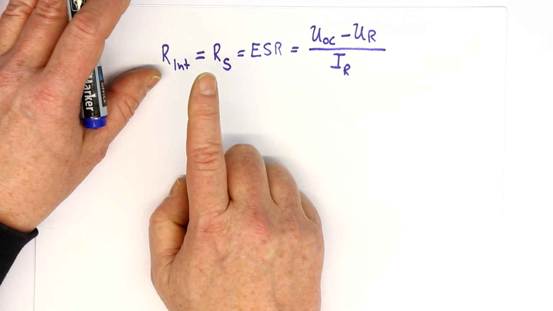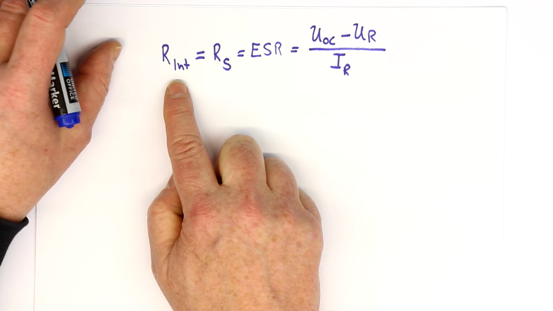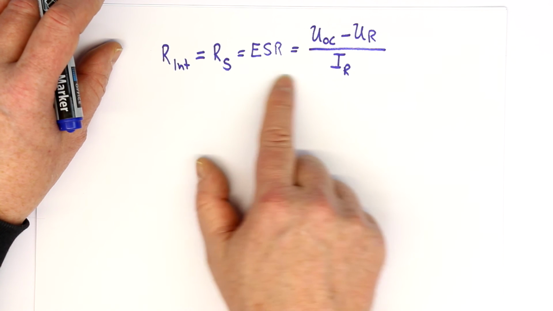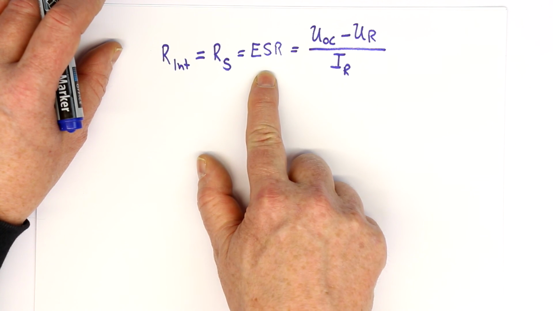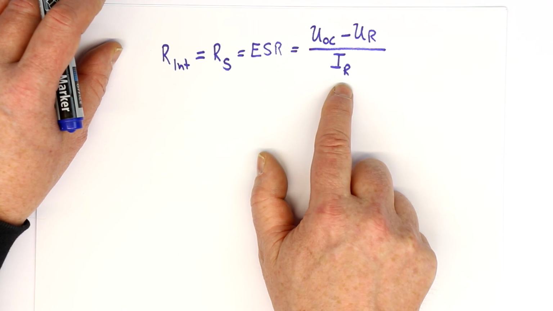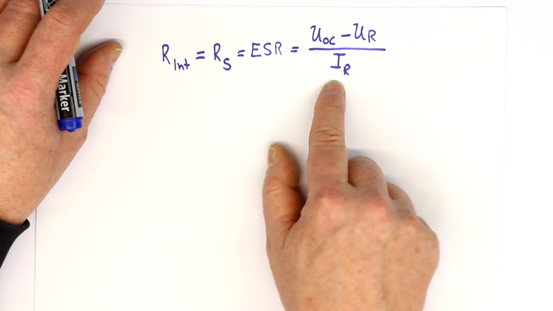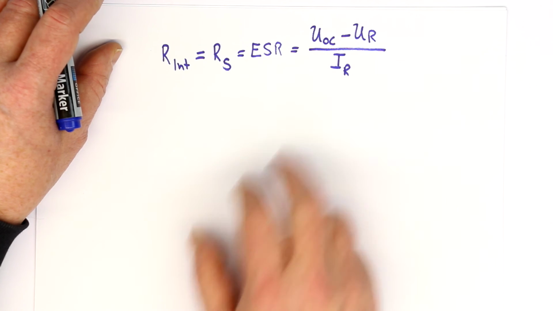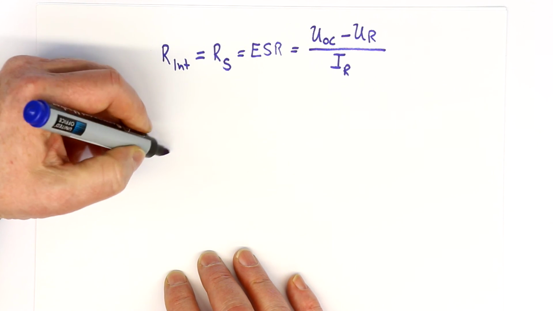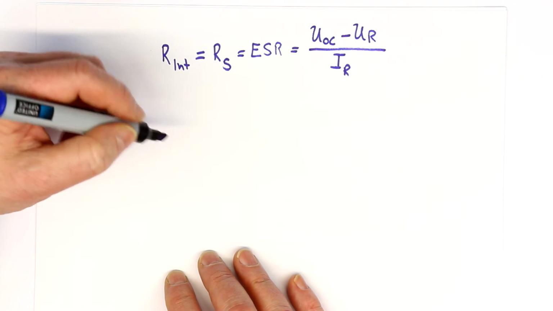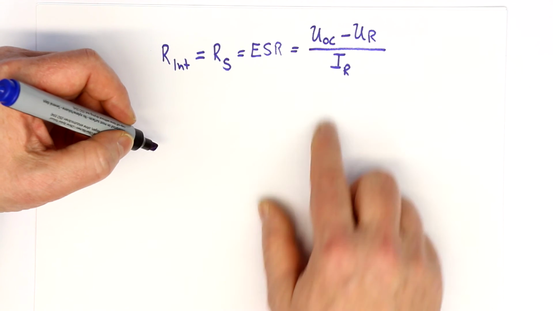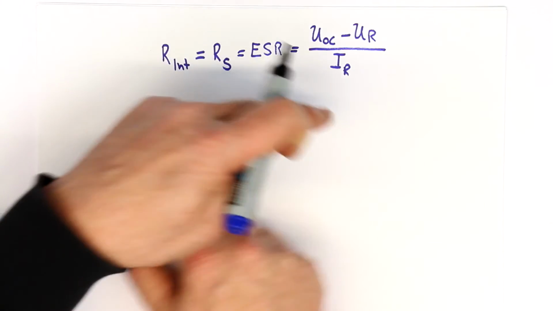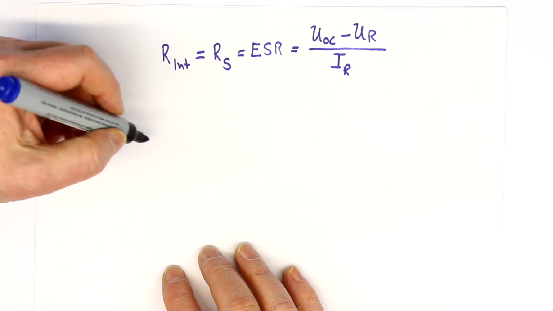Under normal conditions, the internal resistance should be either measured with an LCR meter or calculated from given or measured values like here. And then we only have one final value, because you usually don't get the open circuit voltage, so we can play around with this formula.